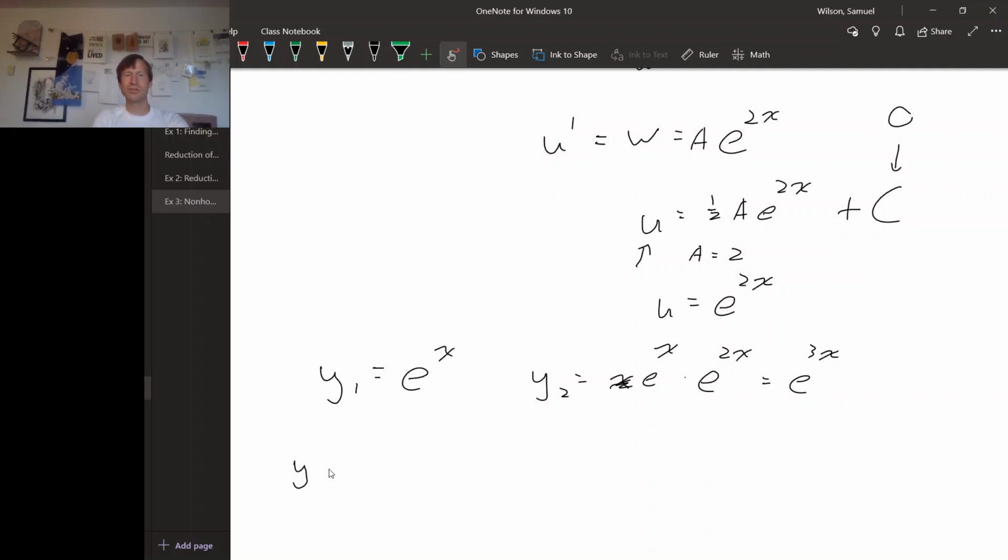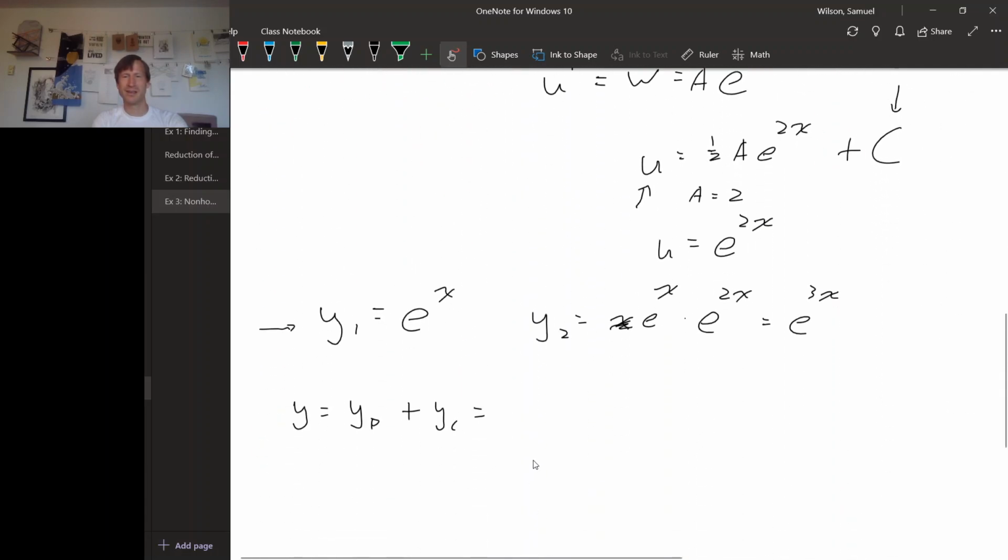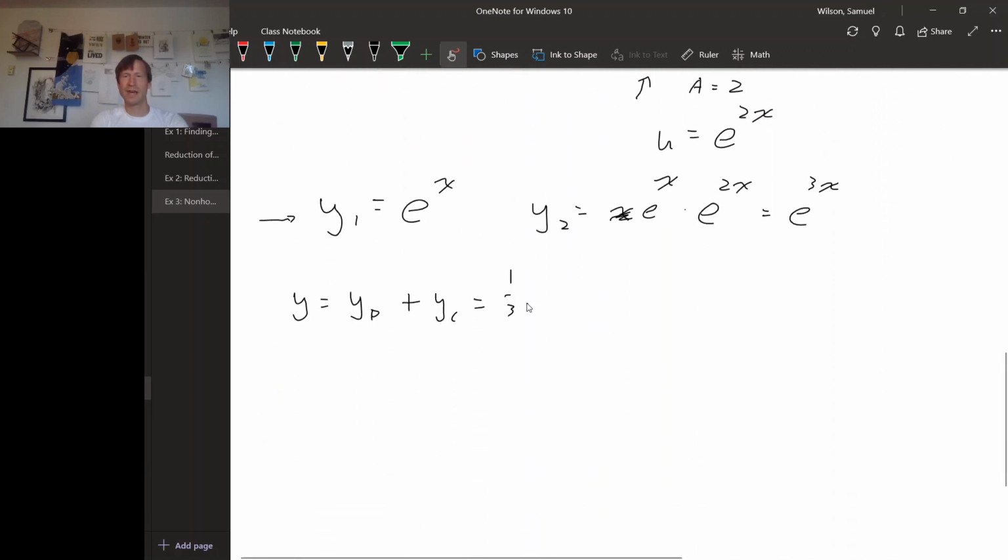So our general solution is, remember, we have to write down our particular solution because we found a fundamental set for the associated homogeneous equation, but our original equation was a non-homogeneous equation. So we have to write down particular plus complementary, and the particular solution was, what was it, 1/3? Yes. 1/3 x plus 4/3.